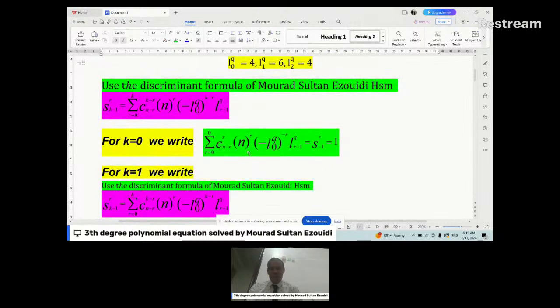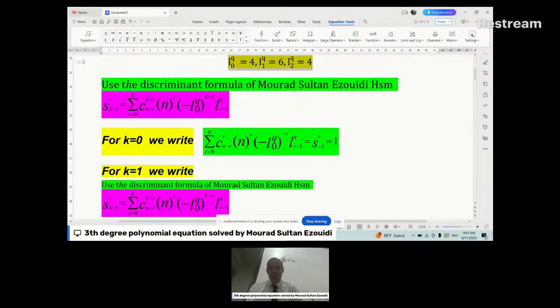I will use this coefficient because these are the only coefficients of my original third degree polynomial equation that I intend to solve without using the method of Cardan, because the method of Cardan gives you error estimation, not always true. Some teachers and professors use it, no problem, but they will never give you exact roots.